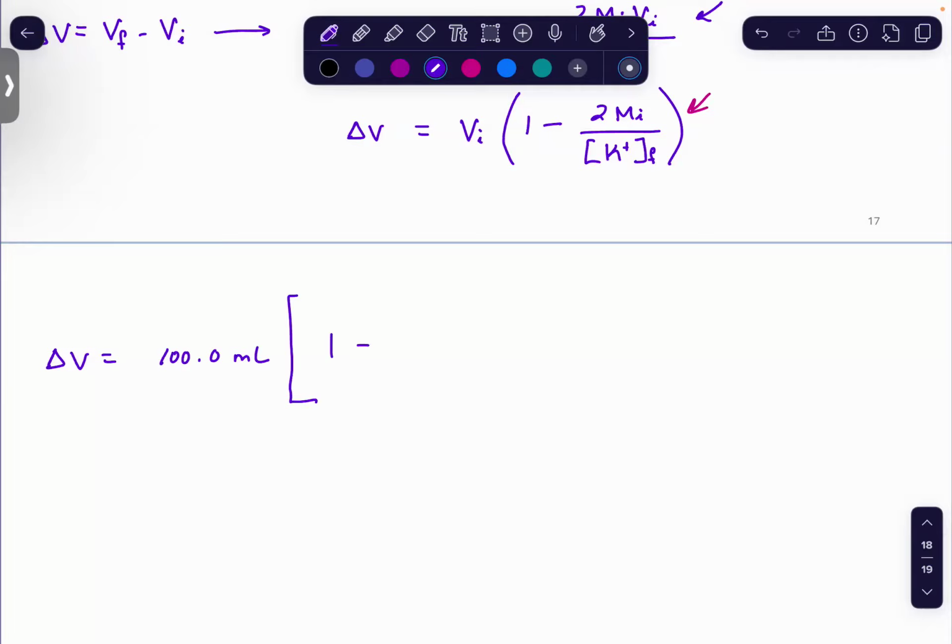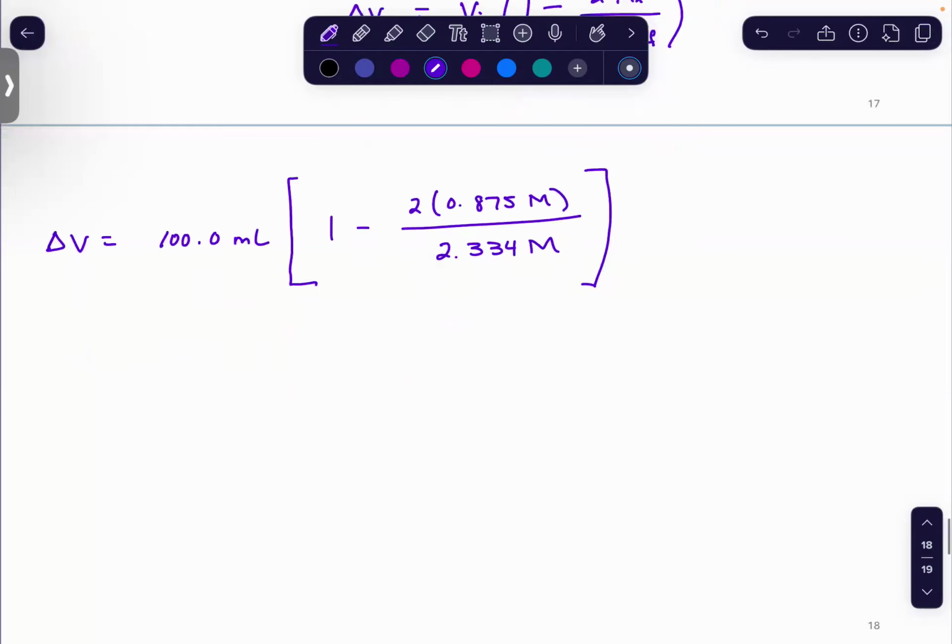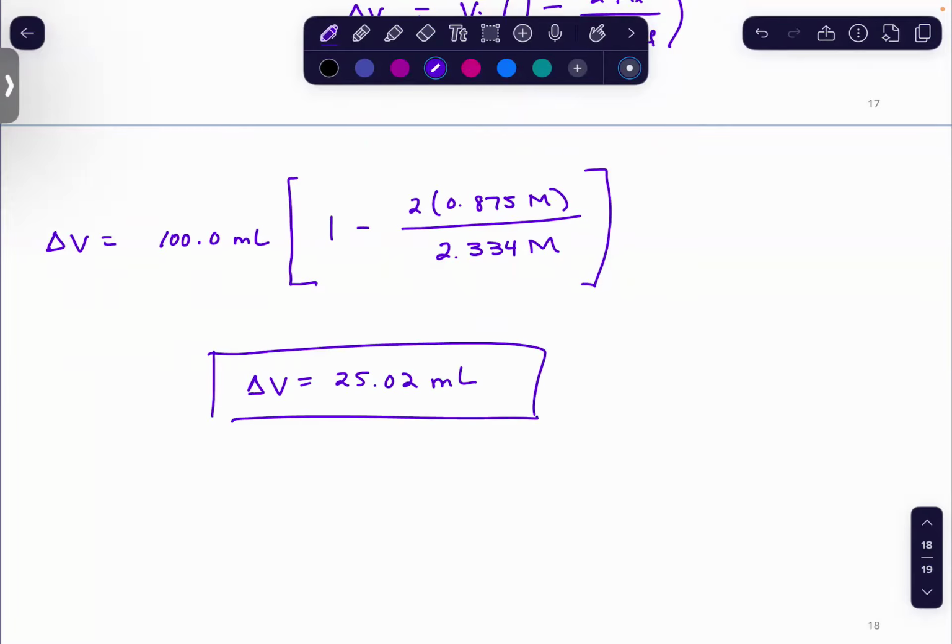Then 1 minus 2 times my initial concentration over my final concentration of potassium ions. All right. And so when I calculate this all up, delta V is going to be 25.02 milliliters. And that's how much water evaporated.